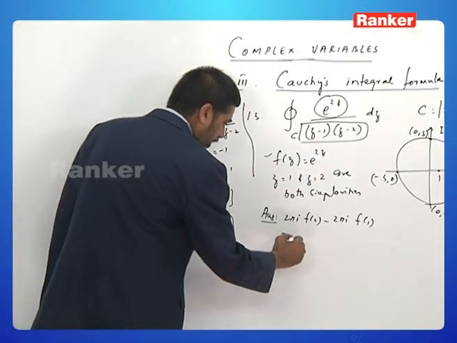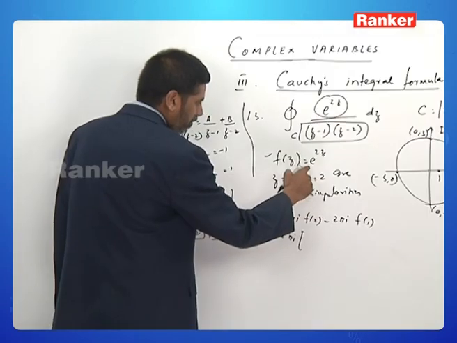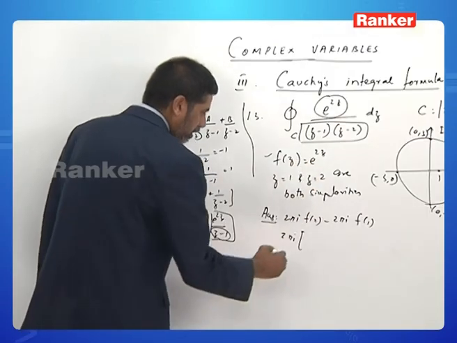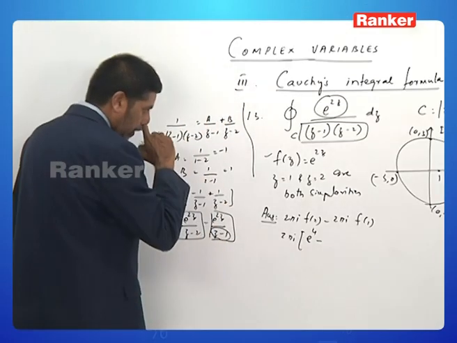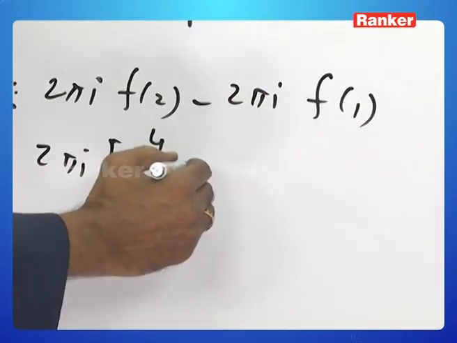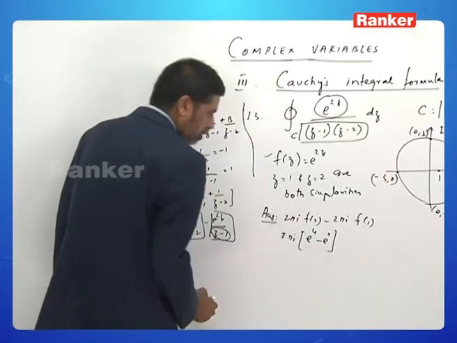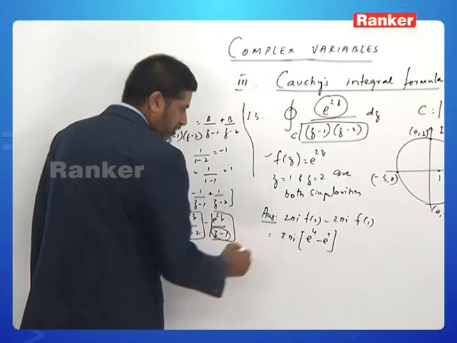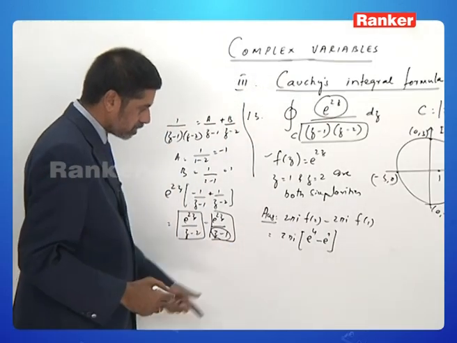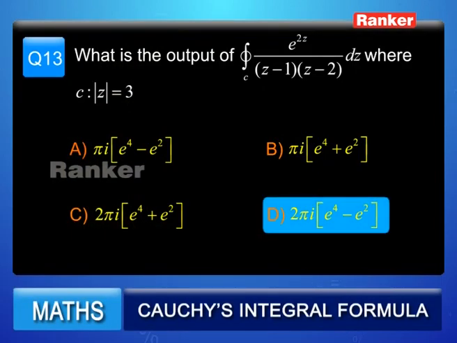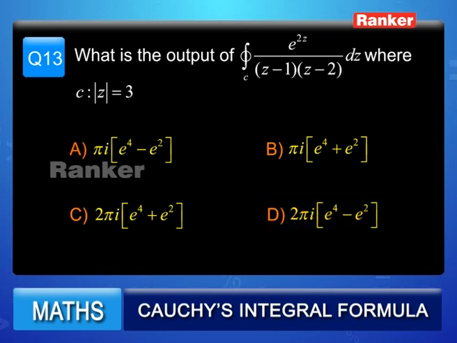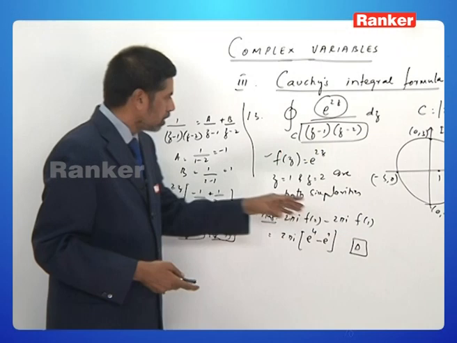So this is 2 pi I into, if f of z is e power 2z, f of 2 will be e power 4 minus f of 1 will be e square. So we can search for the answer in the given options and you will find this is present as option number D.